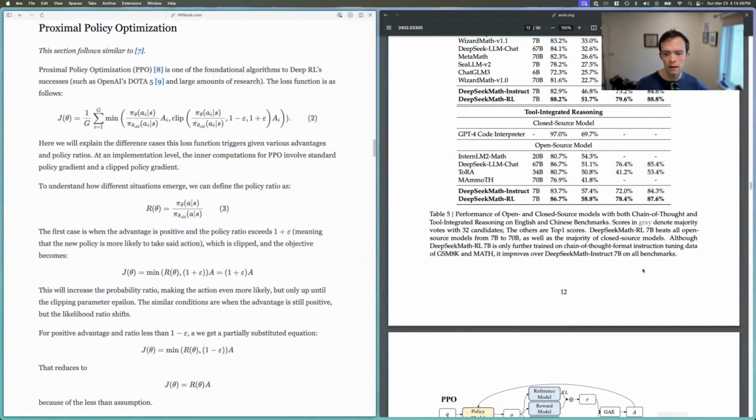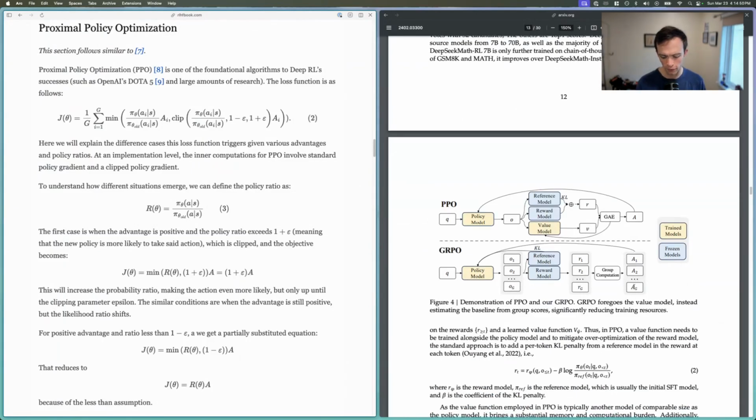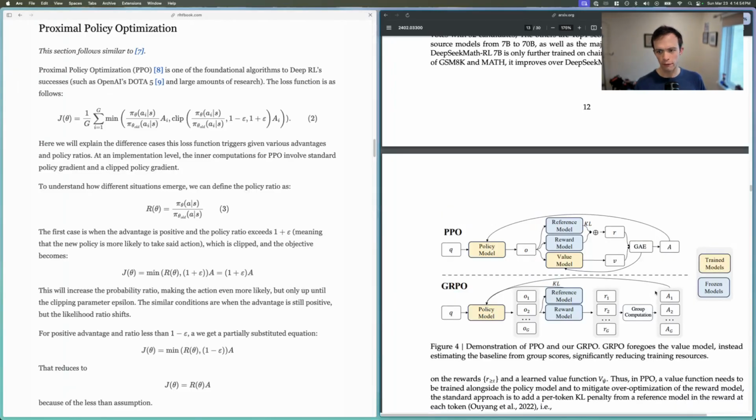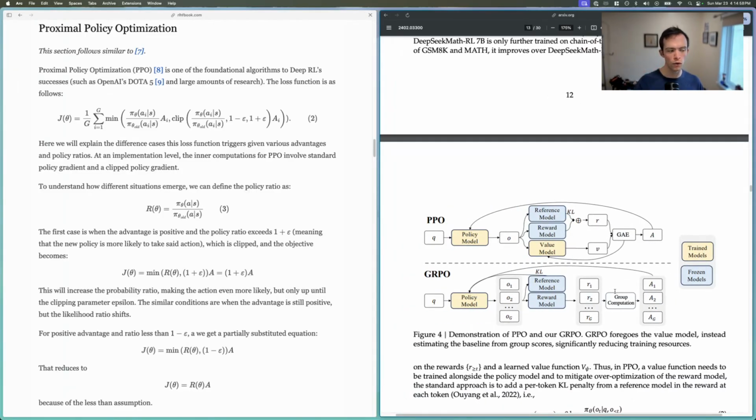So if we go back to what is actually PPO versus GRPO, there's an example in this DeepSeekMath paper on the right. We're looking at figure 4, which essentially shows GRPO removes the need for a value model. The value model is normally used with what is called GAE, generalized advantage estimation, to compute an advantage. And GRPO just looks at different answers to a single question, a simple prompt.